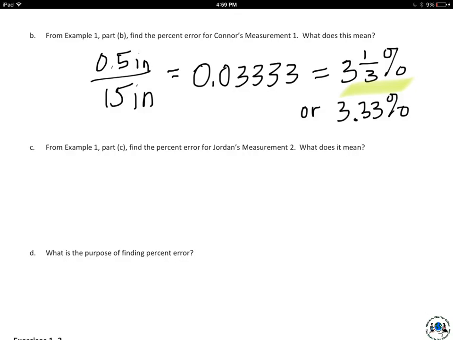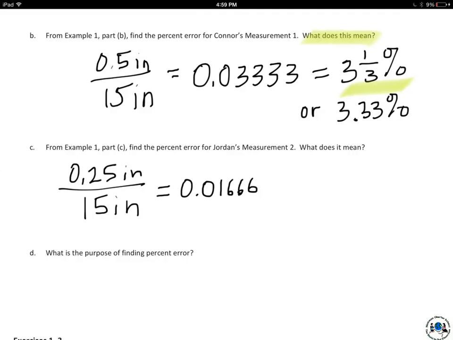All right, so hopefully you did that well. We have part C here, letter C. We're trying to find the percent error for Jordan's measurement 2. If we go ahead and write that out, it looks like that. Again, we have our absolute error on top, 0.25 inches, or a fourth of an inch, over 15 inches.